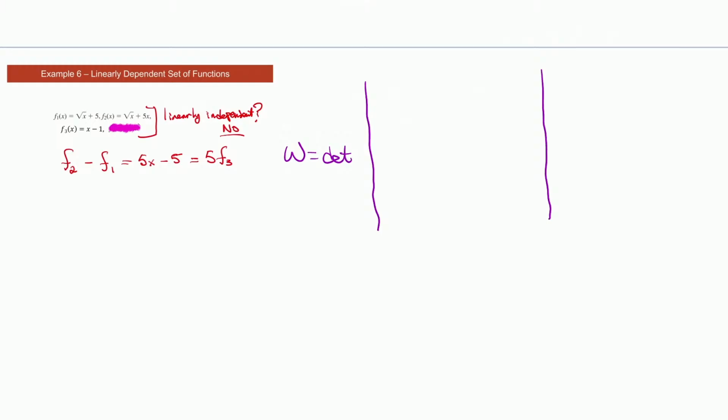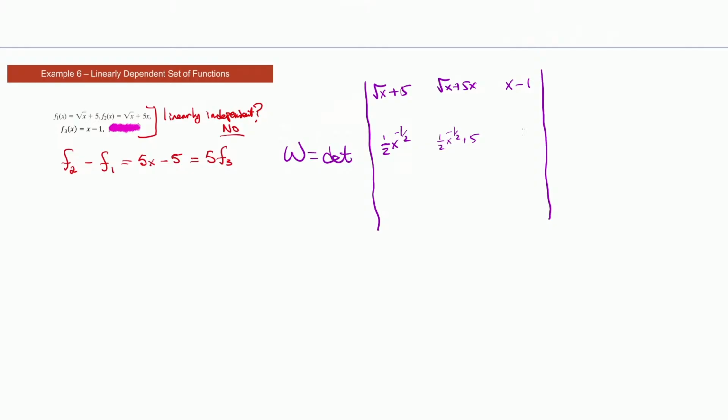So we start off with the functions: square root of x plus 5, square root of x plus 5x, and x minus 1. And then we're going to take the derivatives of each of these. So we need the derivatives. This is going to be 1/2 x to the negative 1/2. This will be 1/2 x to the negative 1/2 plus 5.